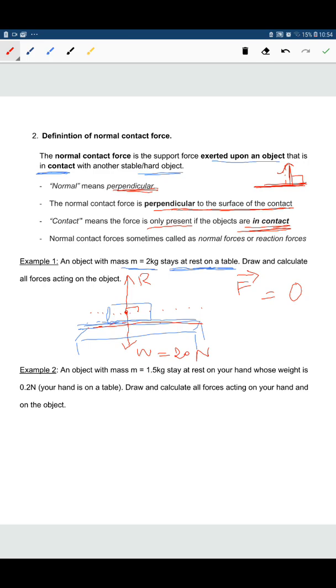It means R take away W will be zero. It will give us R equals 20 Newton. So in this case, the normal contact force is 20 Newton, equal to the gravity force and in the opposite direction.